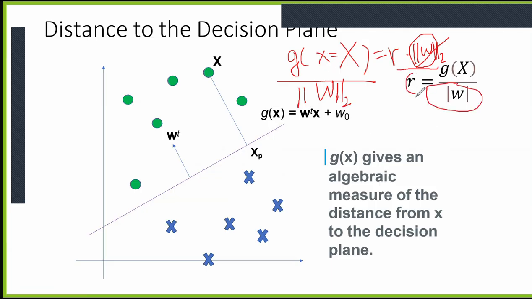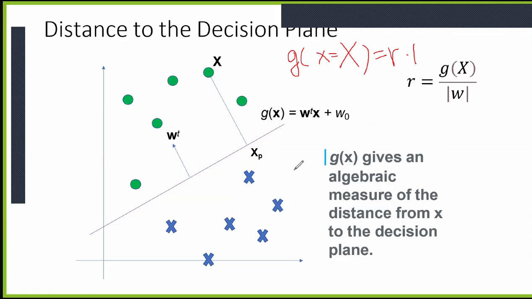So r is now the true distance from xp to x, which we care about and which will be important for SVM. Okay, so that would be the main takeaway.